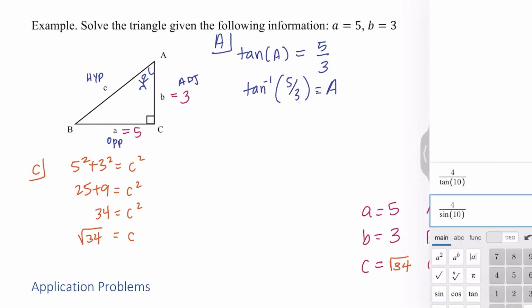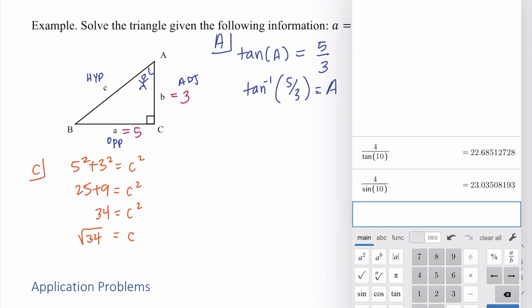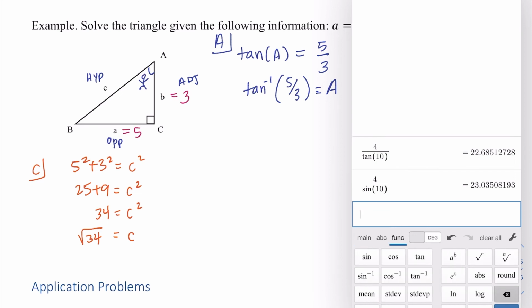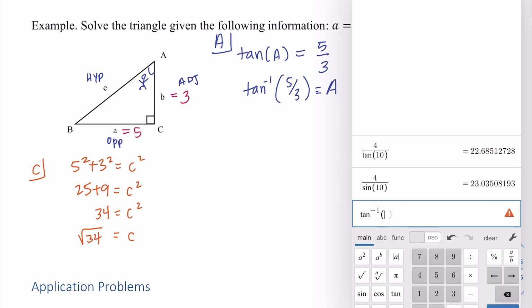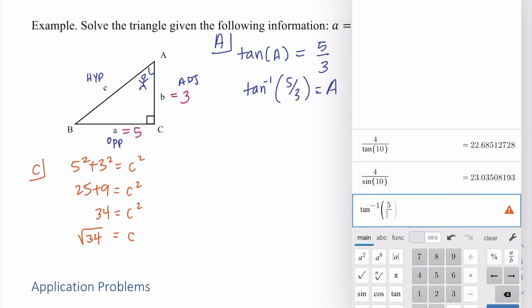If I go over to my calculator, and I go down here to tan inverse, well, I don't see that on here, so where can I find it? If I go to this FUNC menu, I see it right here. So I select tan inverse, and then I click back to main in order to enter what I want. And I want to enter 5 divided by 3. Once I do that, I can click this little right arrow to end the parenthesis, but this Desmos calculator kind of sees what I want already.